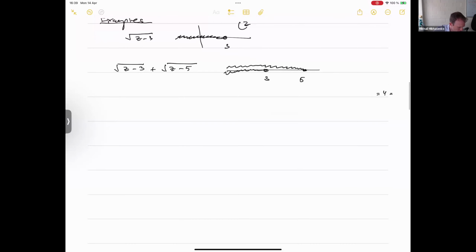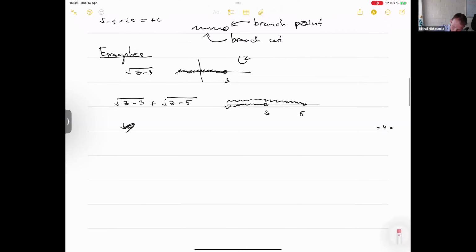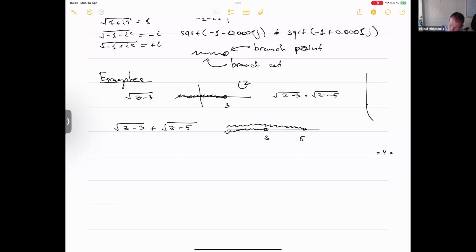Then another interesting example is the product. This function will have an analytic structure with the cut connecting 3 and 5.